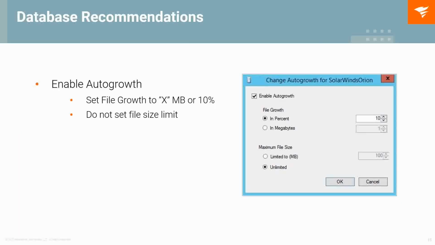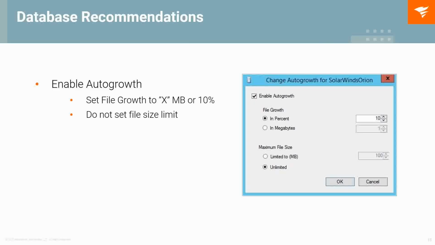You need to enable auto growth and configure file growth to either X MB or 10% of the database size, whichever best suits your database needs. However, do not restrict the maximum file size. Set it to unlimited.